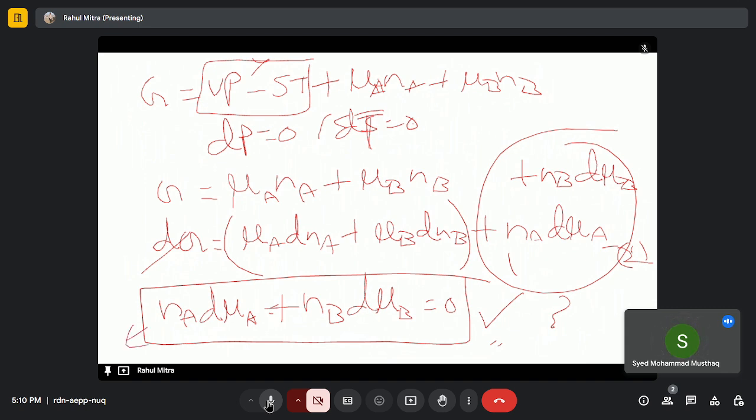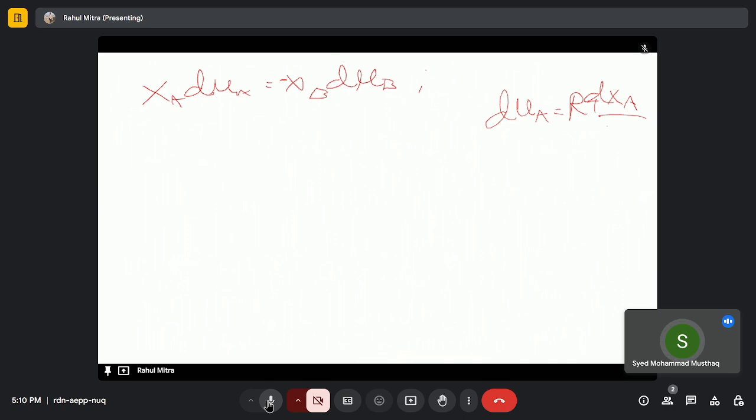equation. So the Gibbs-Duhem equation, if I write it per mole, will be equal to x a d mu a minus x b d mu b, and we know d mu a equals RT dx a by x a for ideal solutions, and d mu b equals RT dx b by x b.